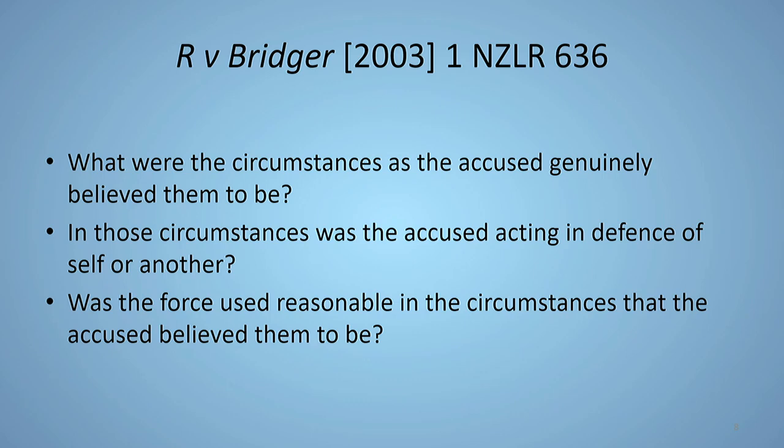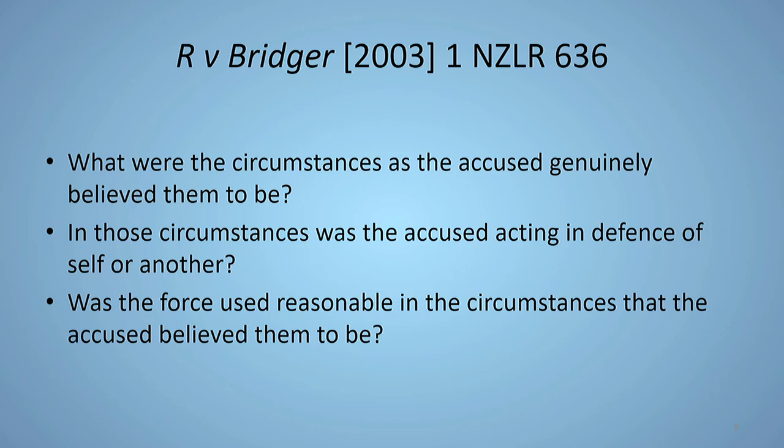It's a really important part of self-defence because it's the objective element that's moderating the subjective. Otherwise, if self-defence was all subjective, it would be easy just to say, well, I thought I was being attacked and what I did was therefore in response to that attack.